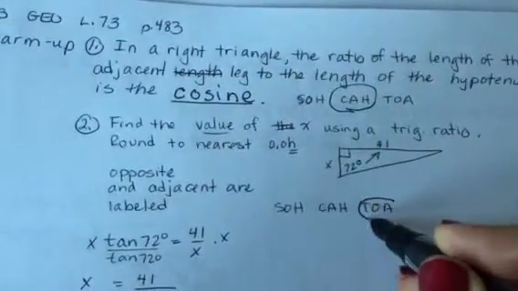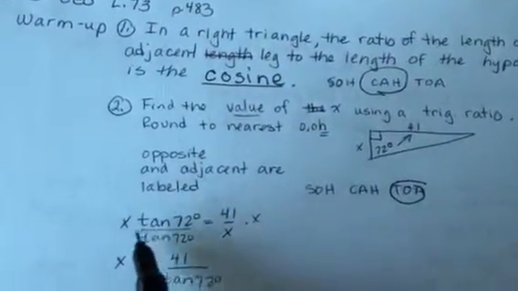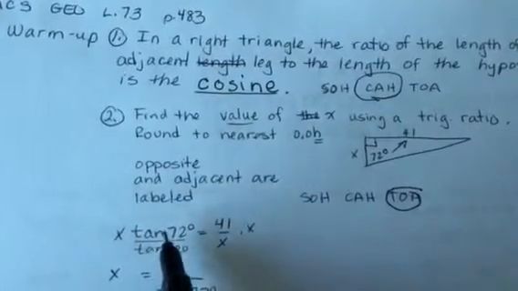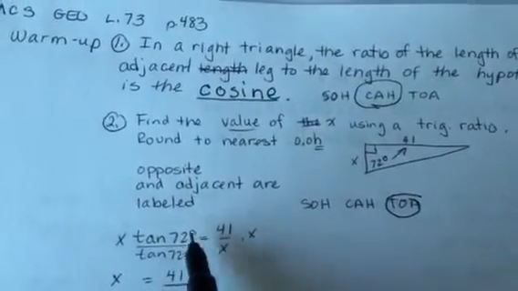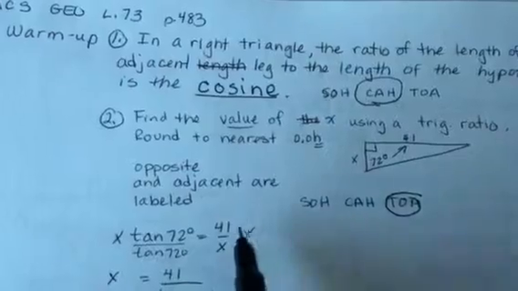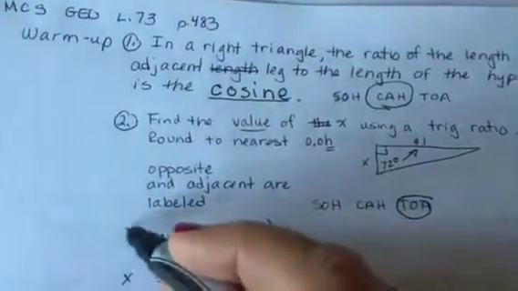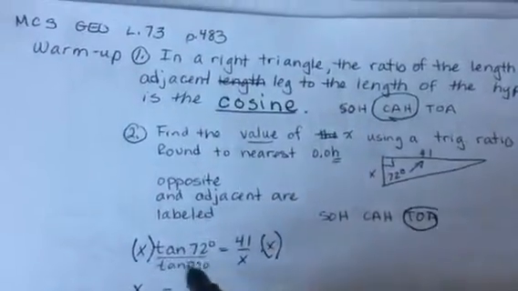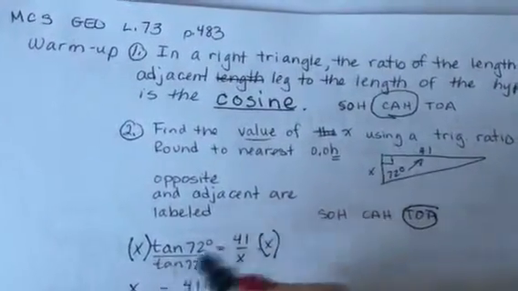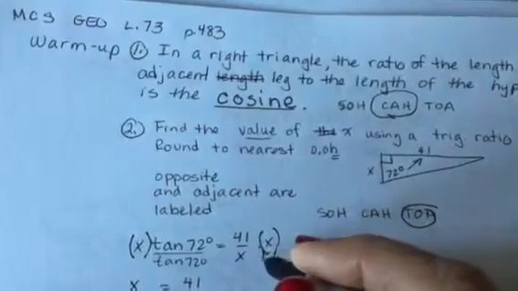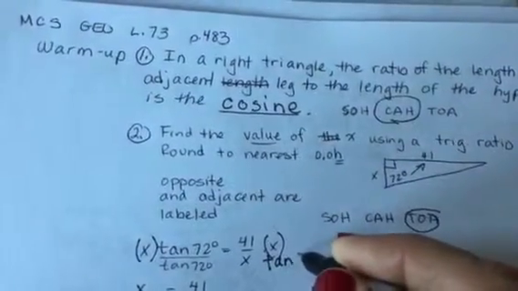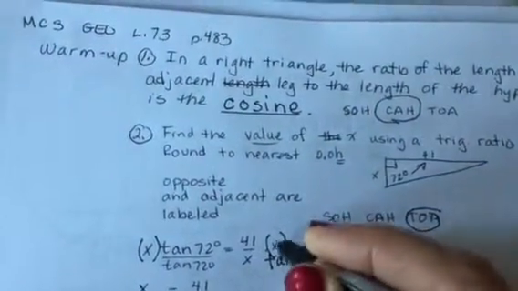Here we go. Tangent. So we wrote tangent of 72 degrees equals 41 over x. Multiplied both sides by x, and to isolate x, divided both sides by tangent 72.